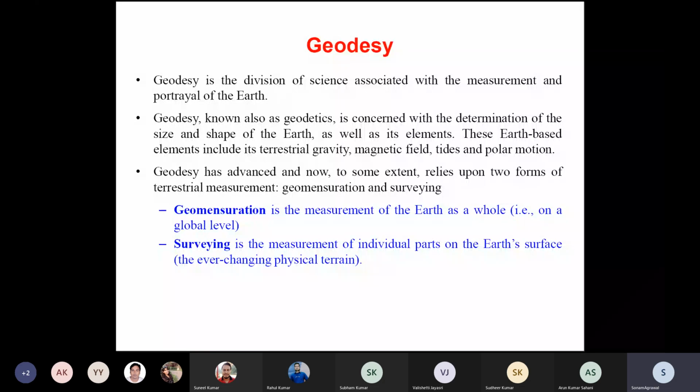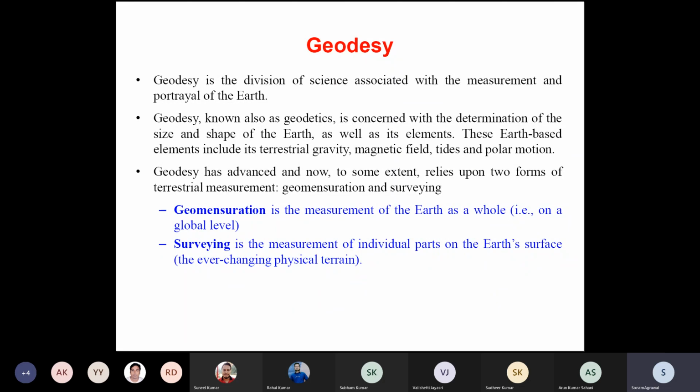The second is surveying. When we take a small part of the earth and perform the measurement, it is called surveying. So these are the two different terms associated with geodesy, geomensuration and surveying.